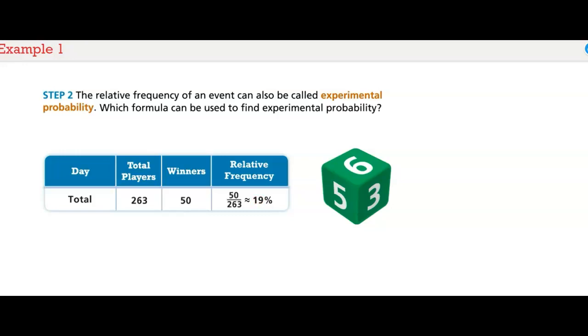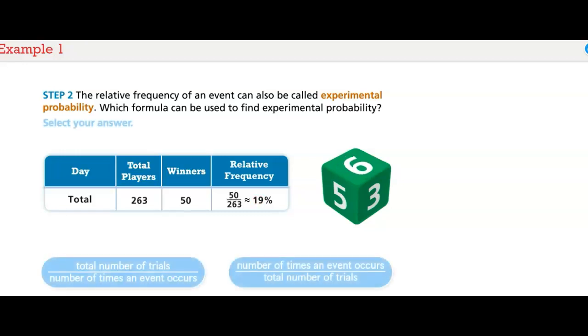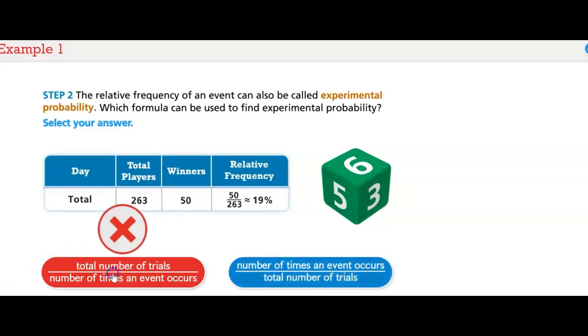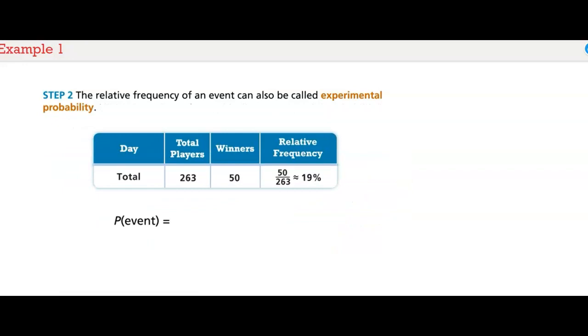Which formula can be used to find experimental probability? Select your answer. The experimental probability of an event is equal to the number of times an event occurs divided by the total number of trials.